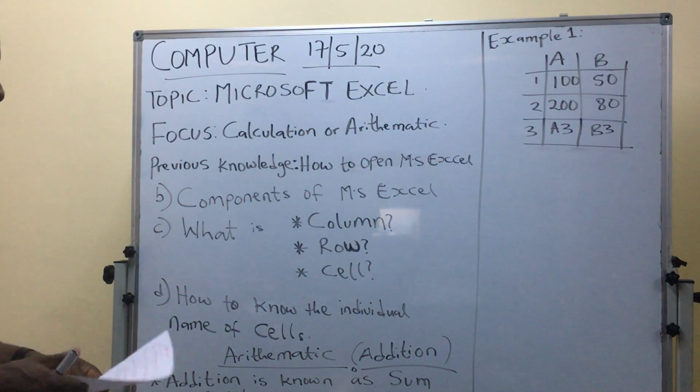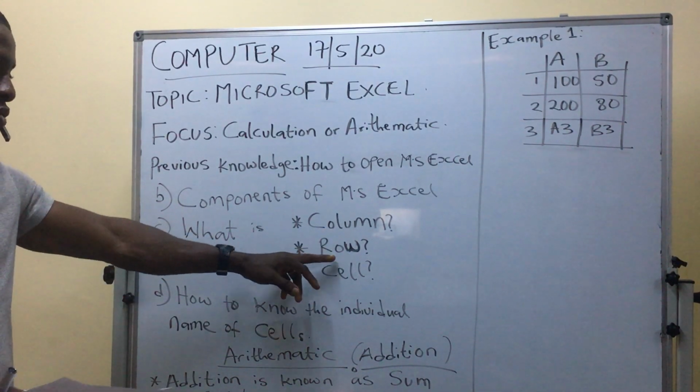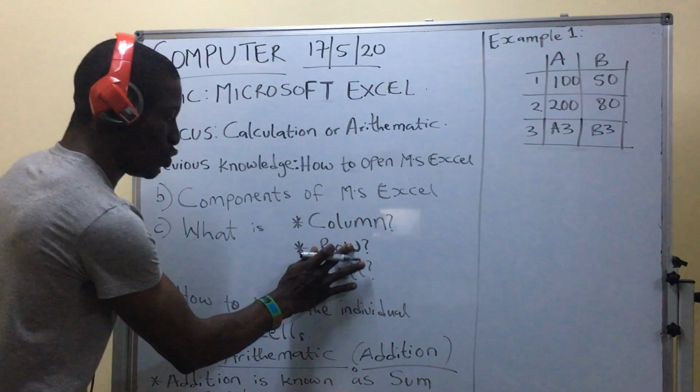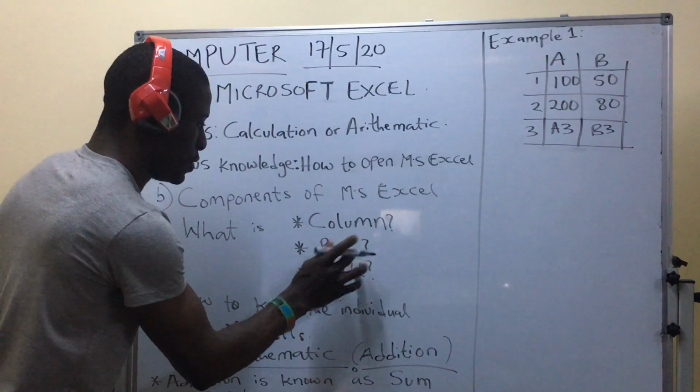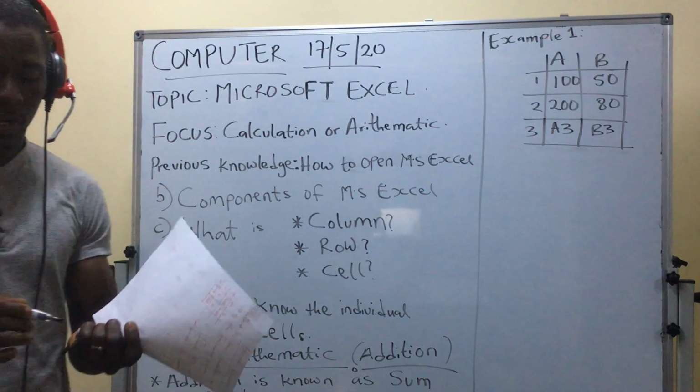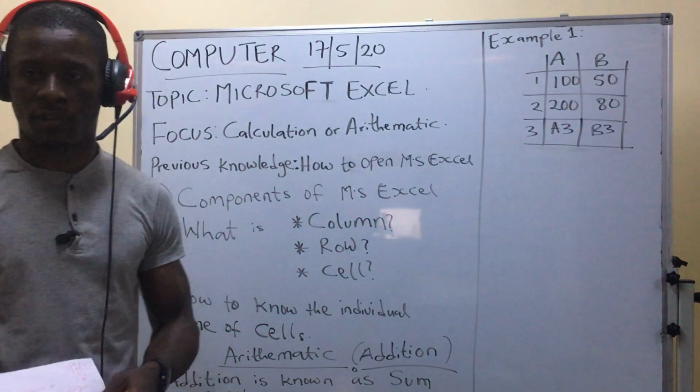Number one is the column, row, and cell. I tried to explain this to you in my previous video, so I will be a little bit faster today because I believe that you have watched the previous video.